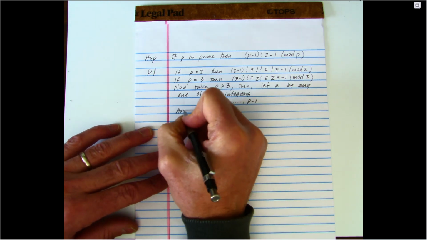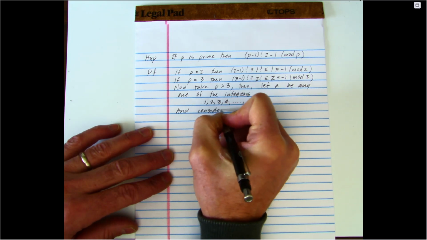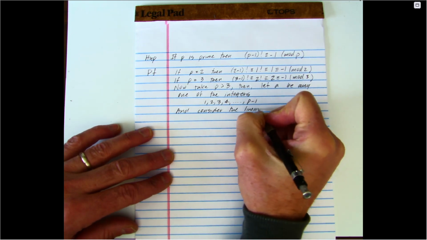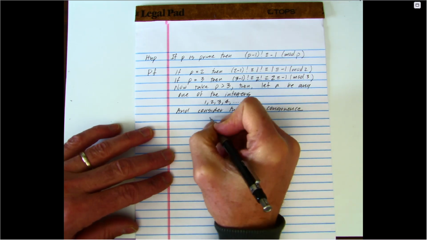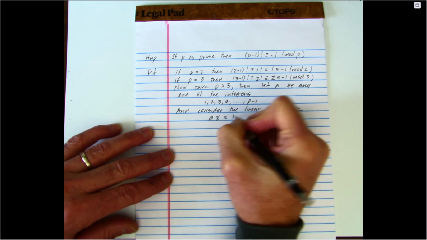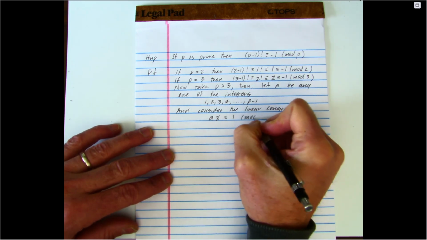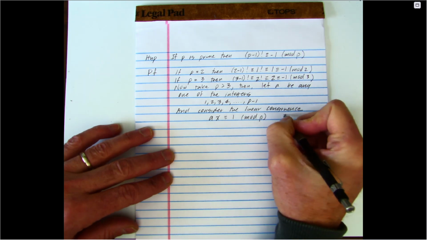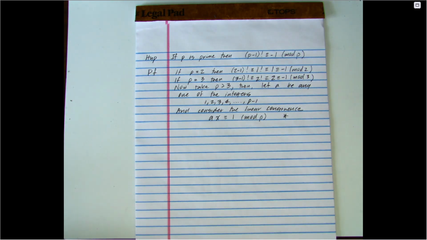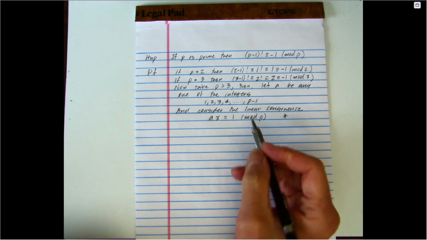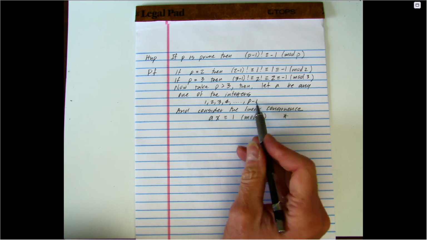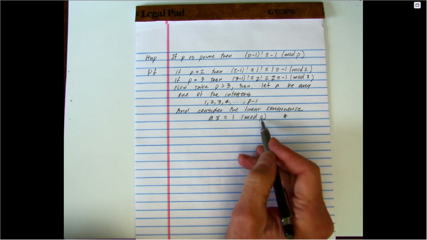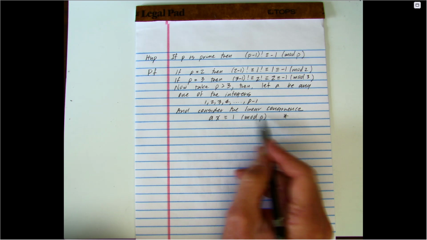And consider the linear congruence aX congruent to 1 mod p. I'm going to call this equation star because it's pretty important. Now, one thing to notice is that a is selected from here, right? And since any number that's less than p will be relatively prime to it, then we know that the GCD of a and p is equal to 1.